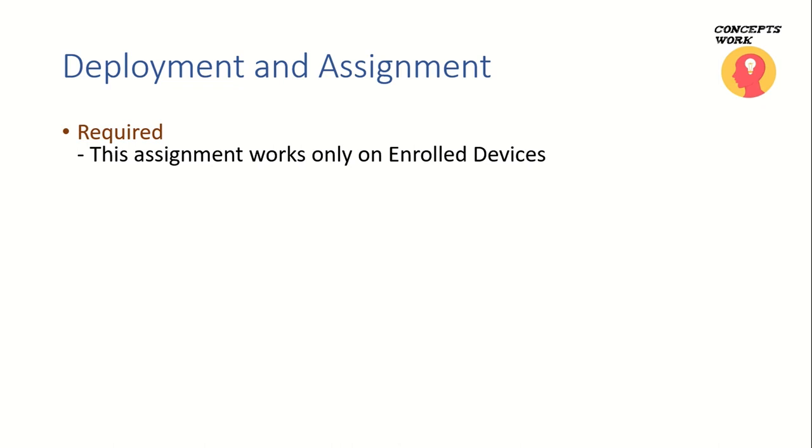This means that if any application has been assigned as a required application to a specific user, the moment they enroll the device, they will start getting a prompt: your organization wants to install this application on your device. As a user, the moment I acknowledge that request, the application will be installed.